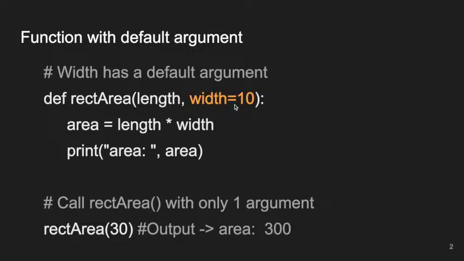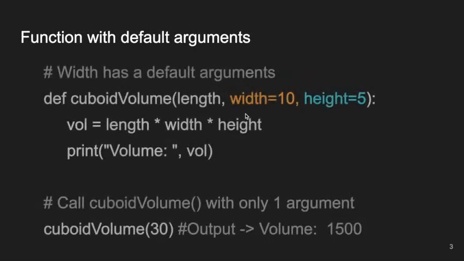You can have a situation where you have several arguments that will have a default value, and when you have such a situation, you want to make sure that the ones that are not default stay to the left of all those that are default. So if we are adding another one here, like you see, this is for calculating the volume of a cuboid. Width here is already a default argument. If we are adding another one called height, it has to be to the right of width.